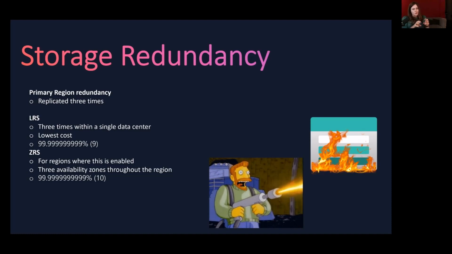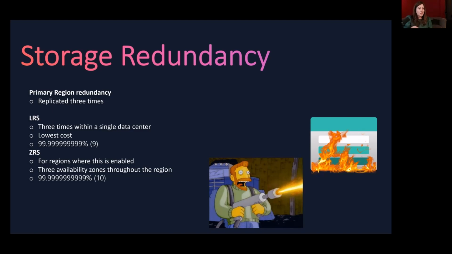When we think about zone redundant storage, that is only available, of course, for regions that have multiple data centers, because what they do is they still store your data set, your file or your PDF, 3 times, but they divide that over other data centers throughout that region.